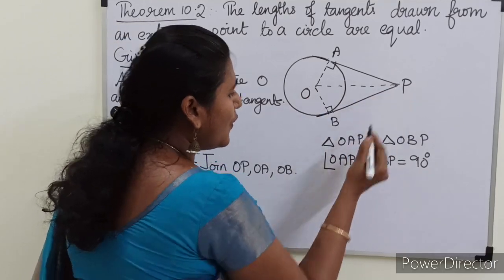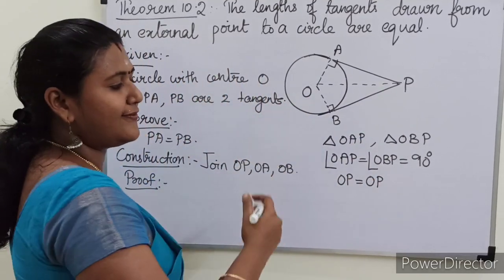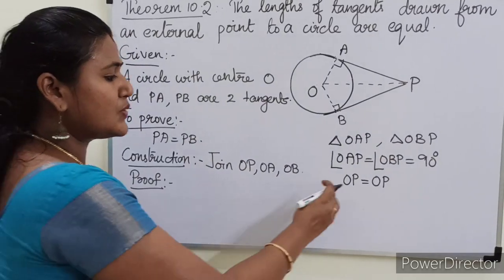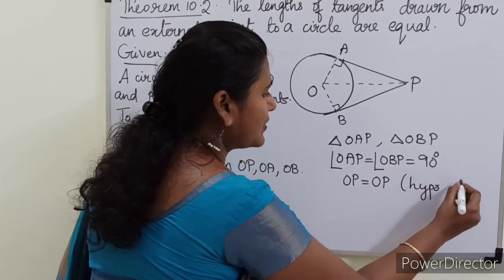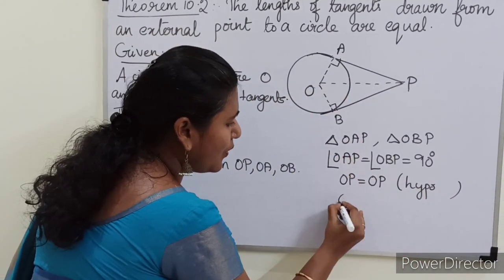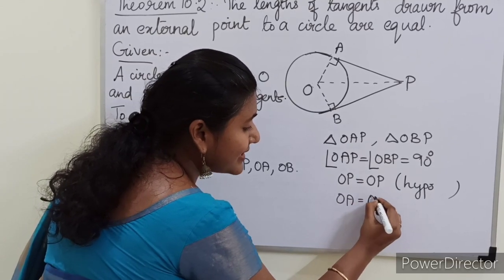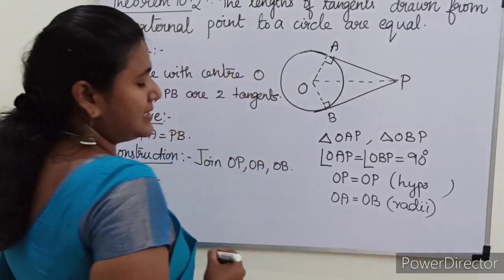Now OP is equal to OP, a common side for both triangles, and this is nothing but the hypotenuse. Then OA and OB are radii of the circle.